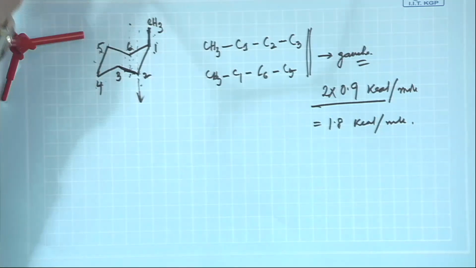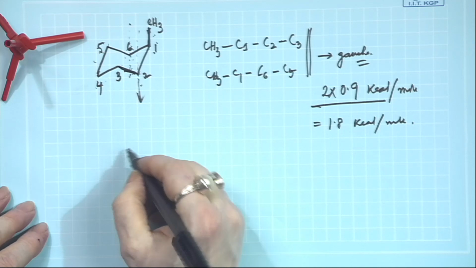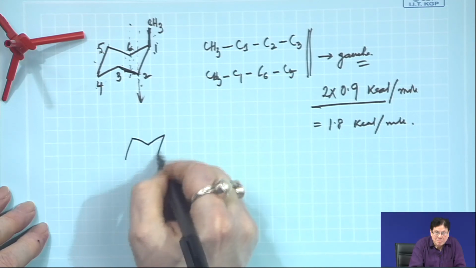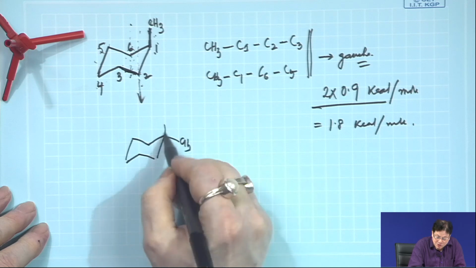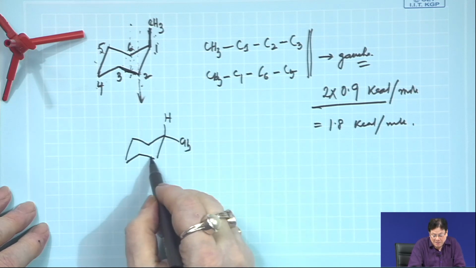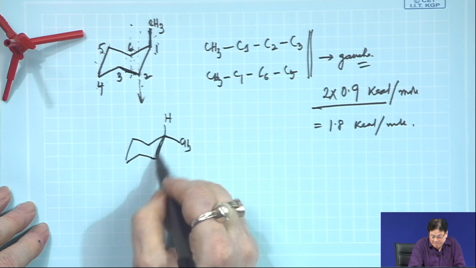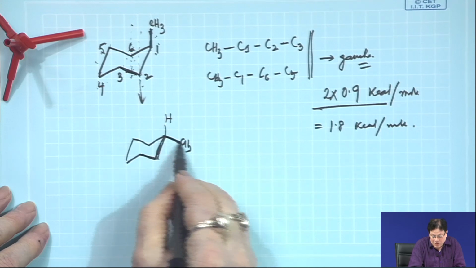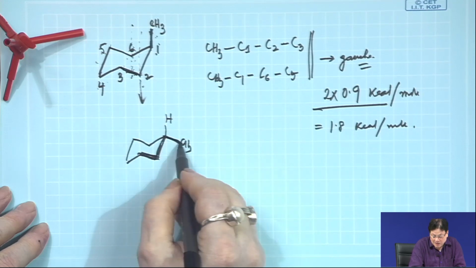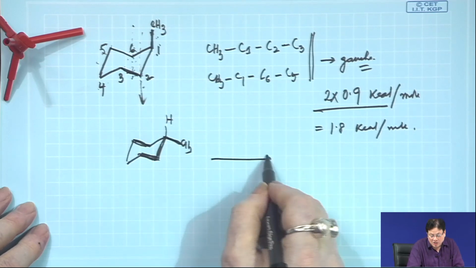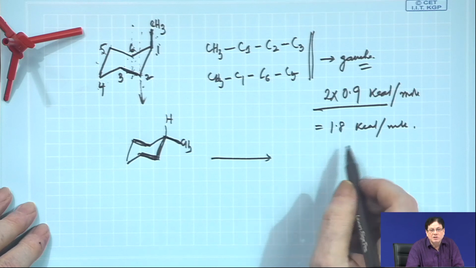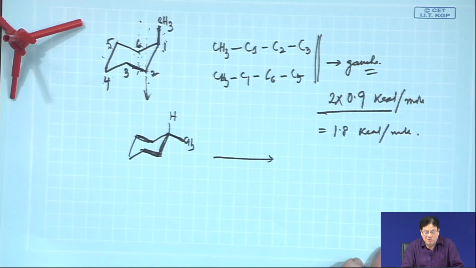So that means the equatorial form also introduces 2 butane units, but these butane units are in the anti form, and that is clear from here also, that one and that one are anti to each other. So that does not introduce any additional energy relative to the cyclohexane.